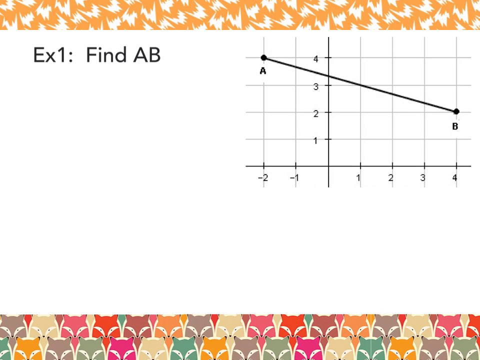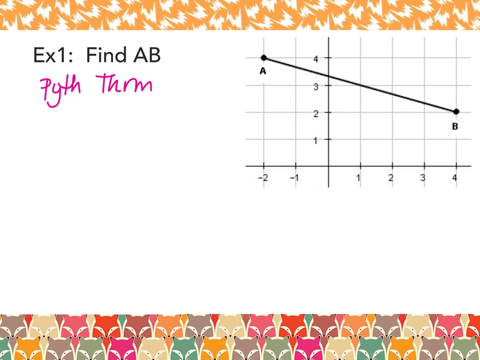When we find the length of AB, we're going to be using the Pythagorean theorem when we employ the graph method. If we take a look at our graph, because the segment AB is neither horizontal nor vertical, but a diagonal segment, we can't just count the distance either horizontally or vertically.